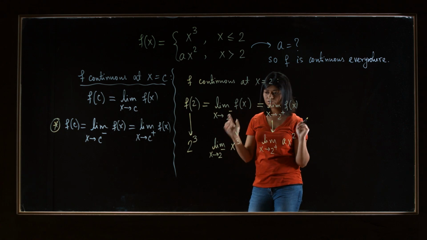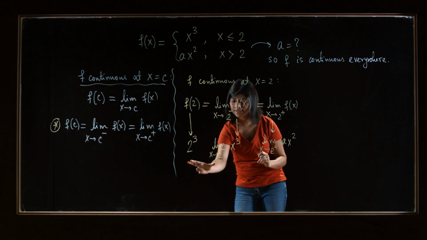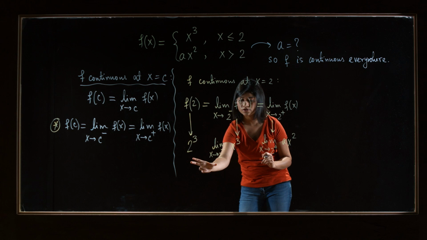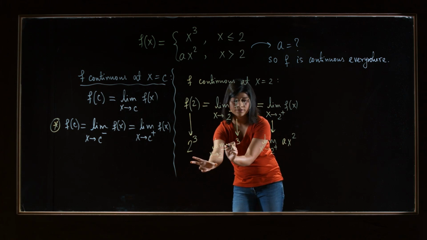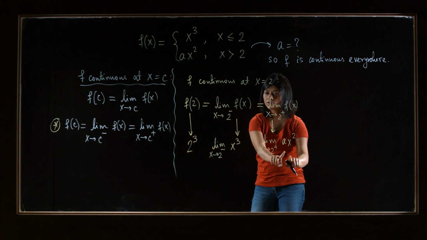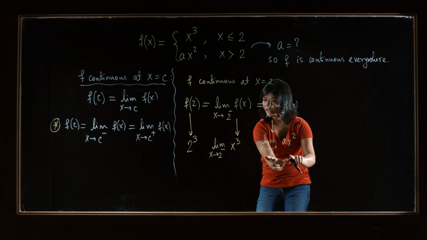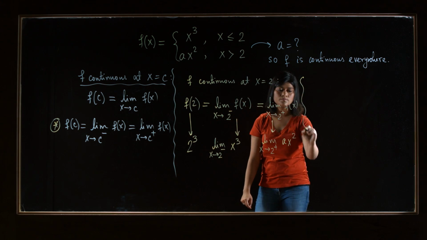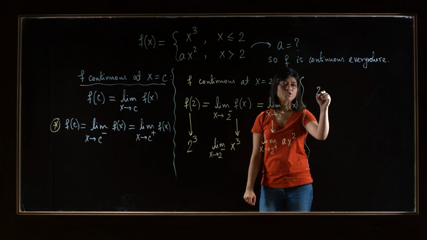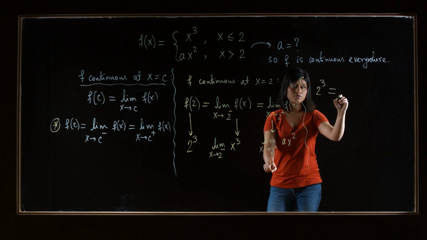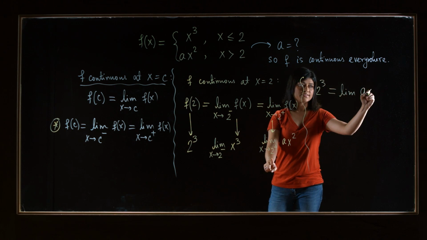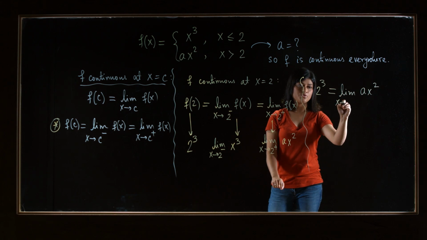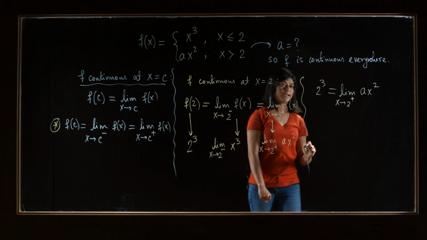Now let's see which ones we want. Well, the first two together won't really give us our answer because there is no a anywhere. But this one has a. So why don't we take this limit and this constant, and set them equal to each other. So we want 2 cubed to be equal to the limit of ax squared as x approaches 2 from the right-hand side.